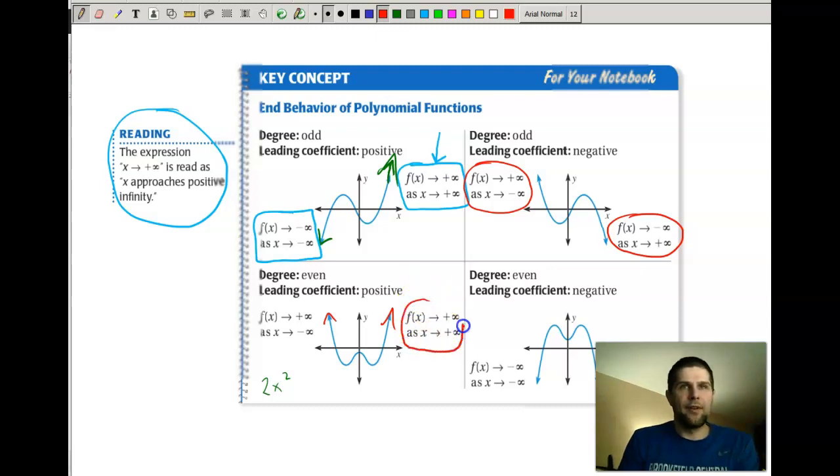As x approaches infinity, f of x approaches infinity, and as x approaches negative infinity, f of x, or the graph, approaches infinity. So that's something to write in your notes. It'll take a little bit of time with the terminology.